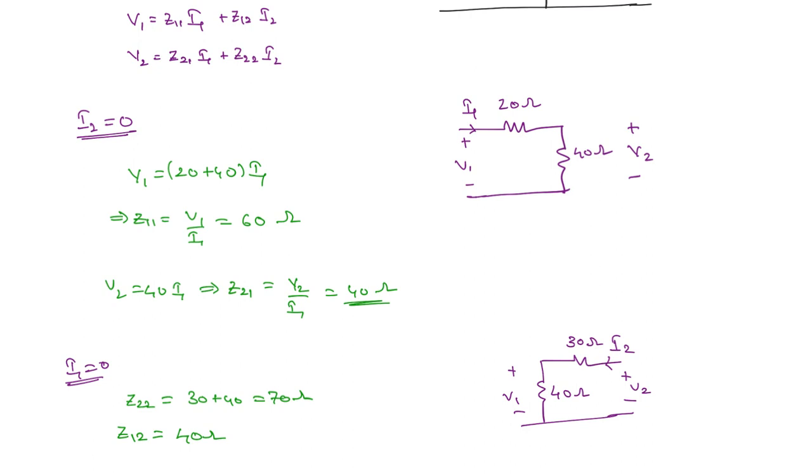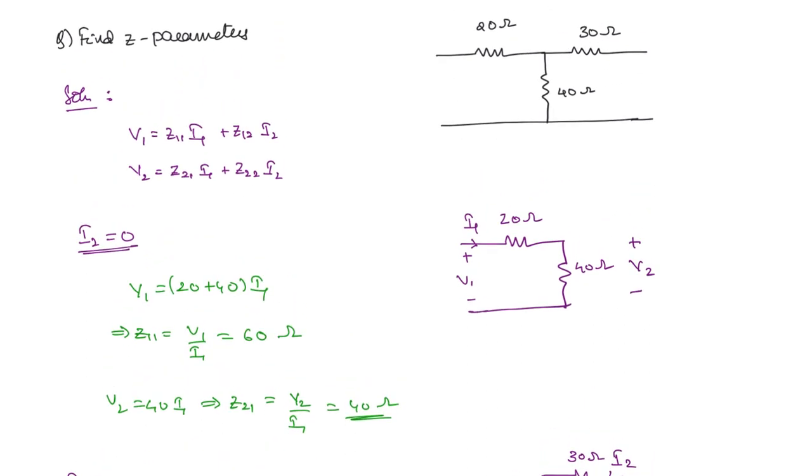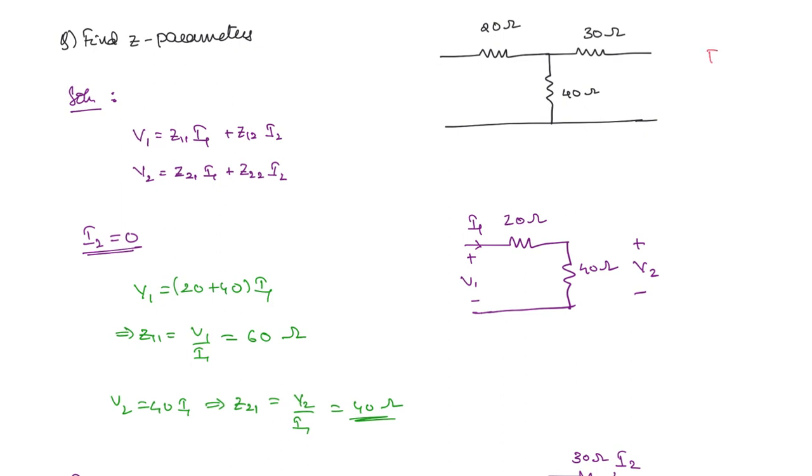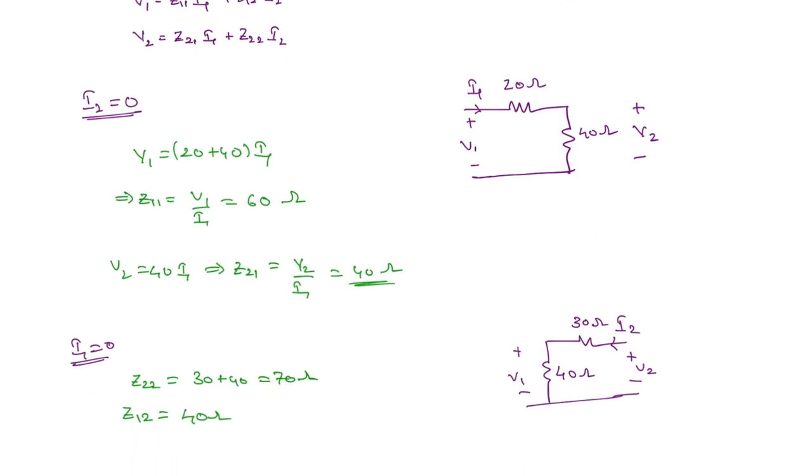Okay. Now there are two important points that I need you to observe here. This is a T network. This is a T circuit, right? It is in the shape of a T. Now what is going to happen? Each time you see the driving point impedance Z11, this is equal to this resistance plus this resistance, and Z22, this was equal to this resistance plus this resistance.